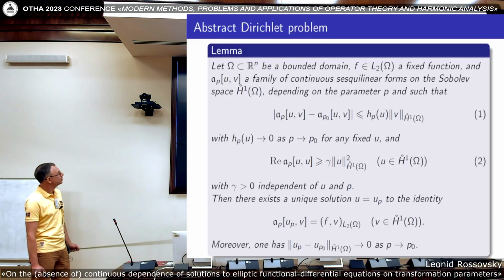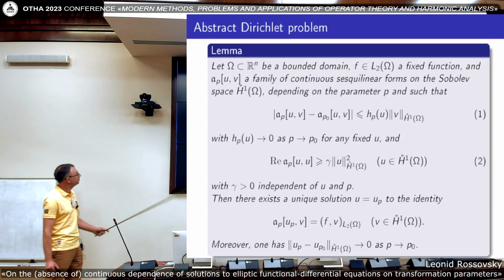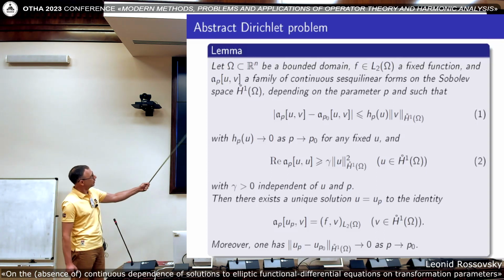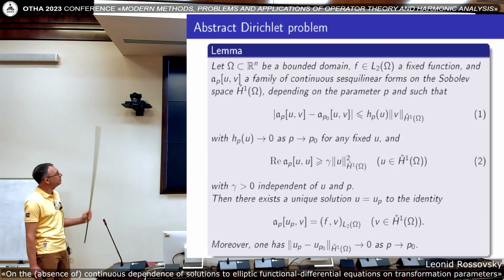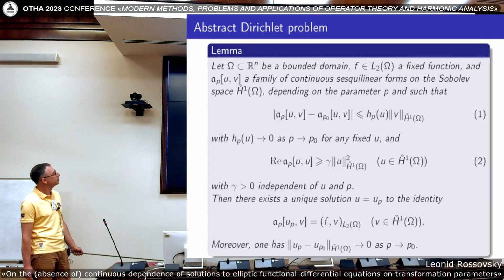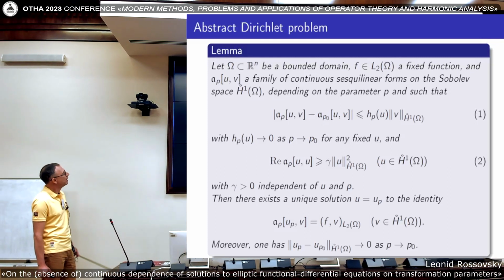I would like to start with the following lemma concerning the abstract Dirichlet problem. In this lemma, we deal with a family of continuous sesquilinear forms on the Sobolev space H1 with a zero trace on the boundary.